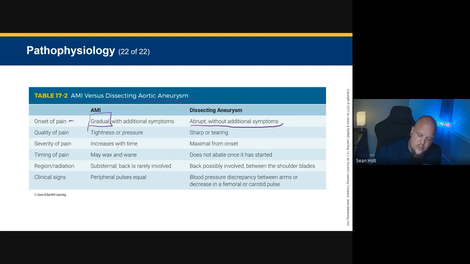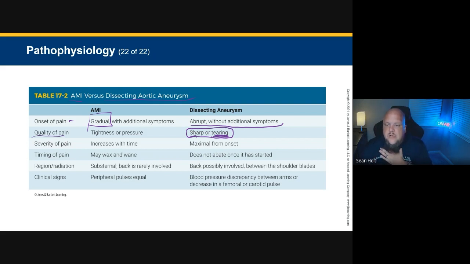Gradual with an acute myocardial infarction. Quality, excuse me, sharp or tearing chest pain. Tearing is a cardinal sign, is what we call it. All right. So if you ever hear somebody say, "Oh, my chest hurts really, really bad," oh man, it just all of a sudden it just started ripping.